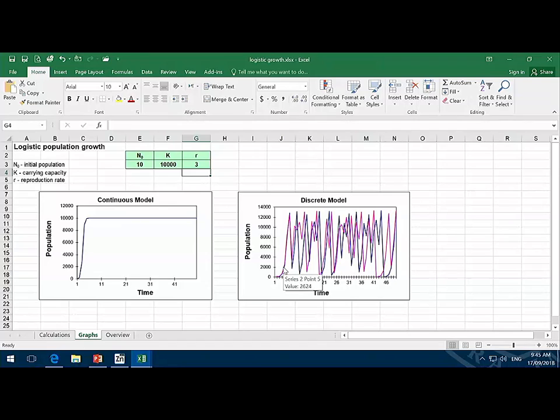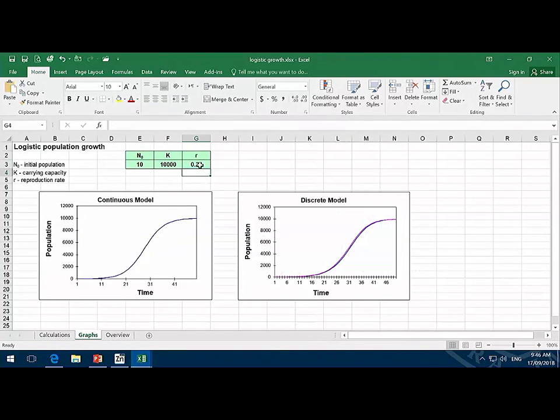Now I can make the time step smaller, and I'll get better. And of course, when I'm down at small reproduction rates, go back to 25, it's really good. It's very close to exactly the same thing. You can hardly see a difference between those two graphs.